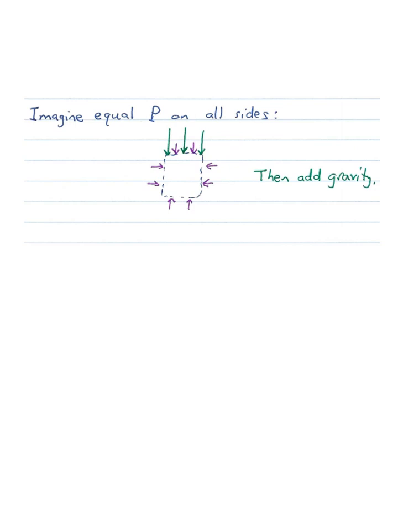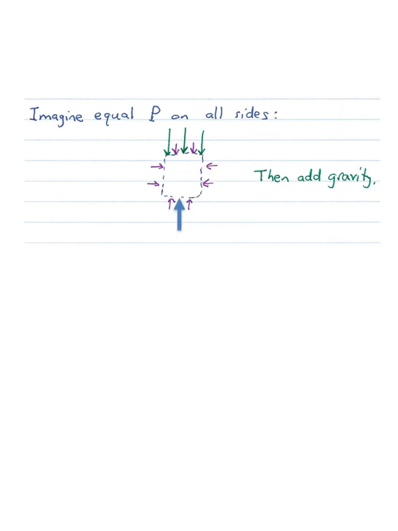Now, let's think about that last picture. The forces are the same. You can see my purple vectors there. They're the same in all directions. But then imagine that there is gravity added to this, and that's my green vectors right there. Well, if we add gravity, then this chunk of fluid is going to accelerate downward.